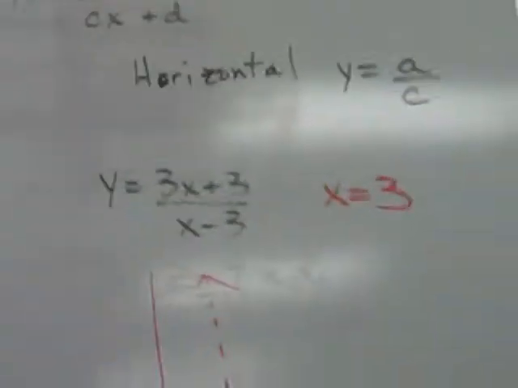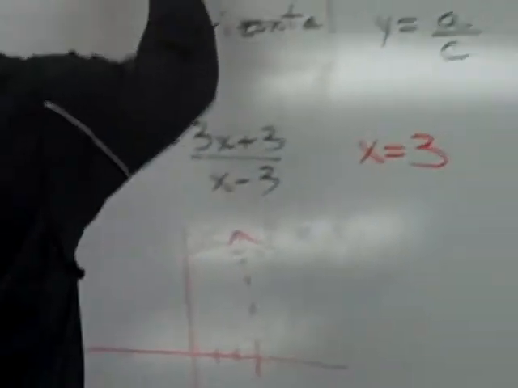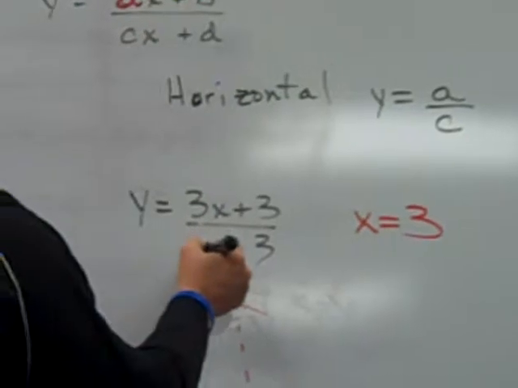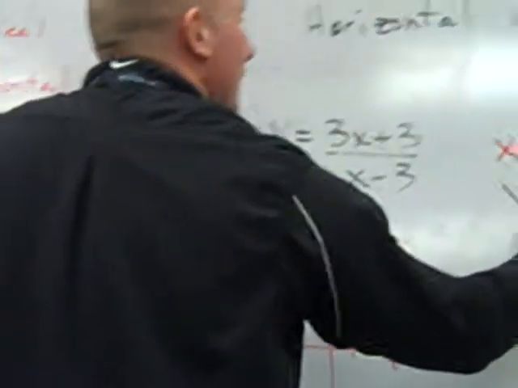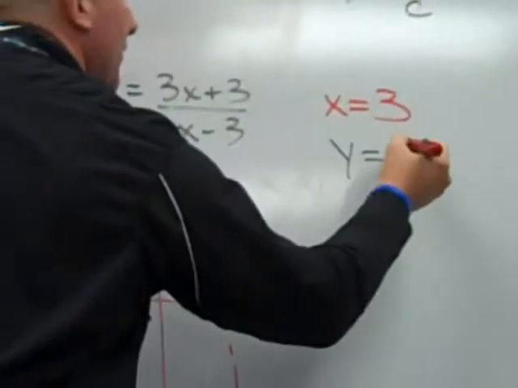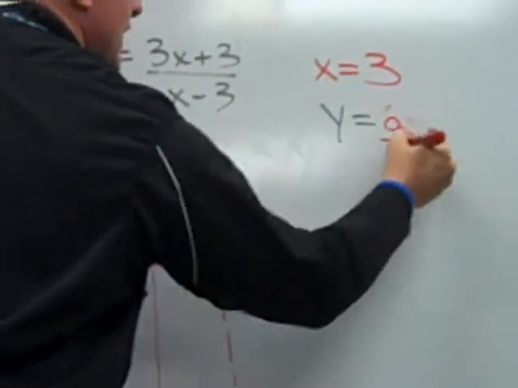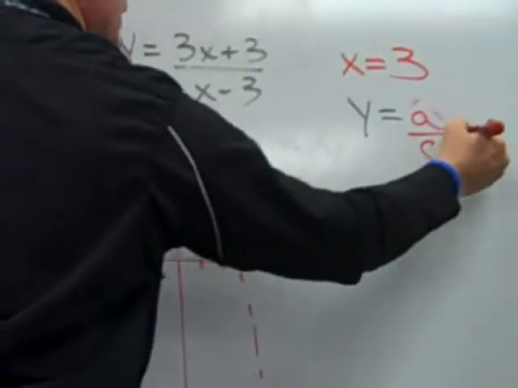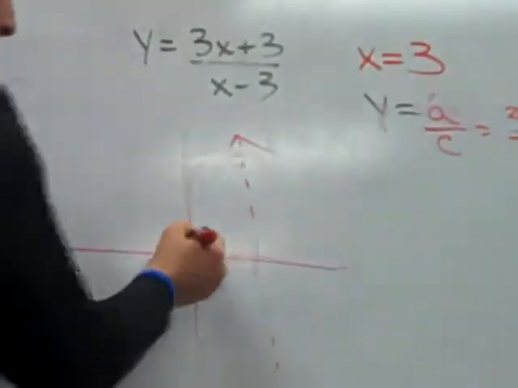That will give you your horizontal asymptote. So in this case, a divided by c, 3 divided by 1. So I will have another asymptote where? Exactly, 3. A over c. A is 3. C is 1.